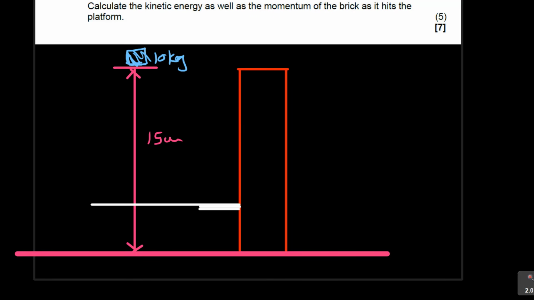So there is the platform. This brick was falling, it hits this thing here. You can think of whatever it is. So it's falling, and the brick comes and hits that platform here. But now they told you, what is this distance? The distance of this platform here is what?